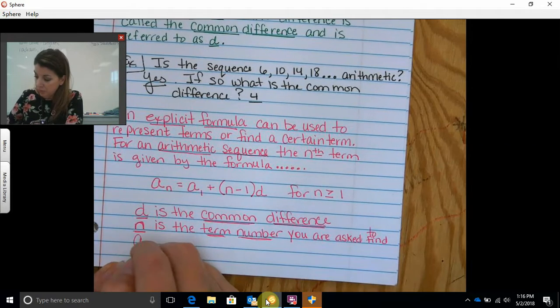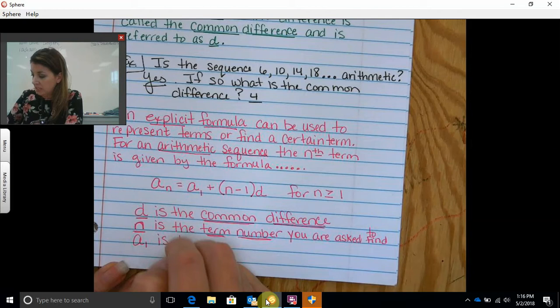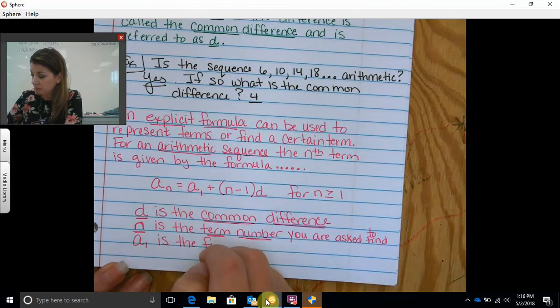And A sub 1 is the first term in the sequence.